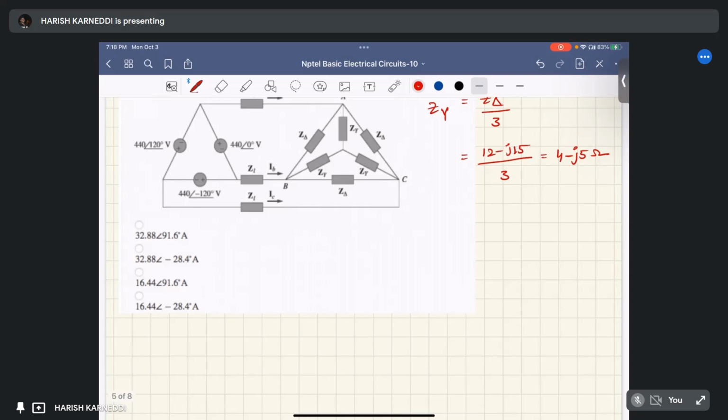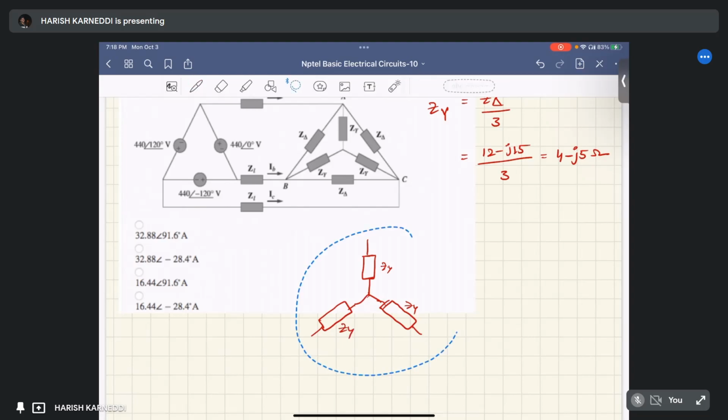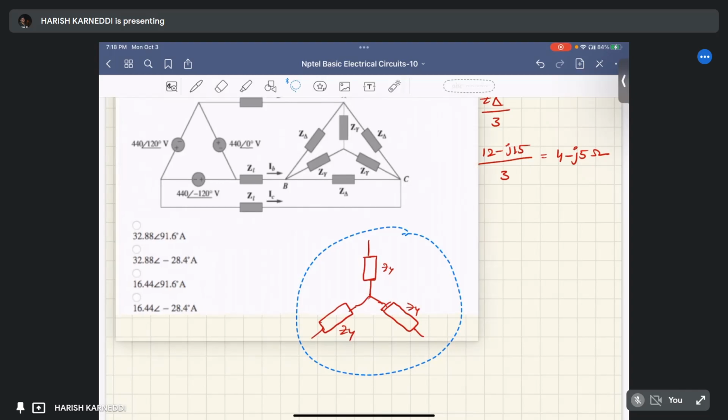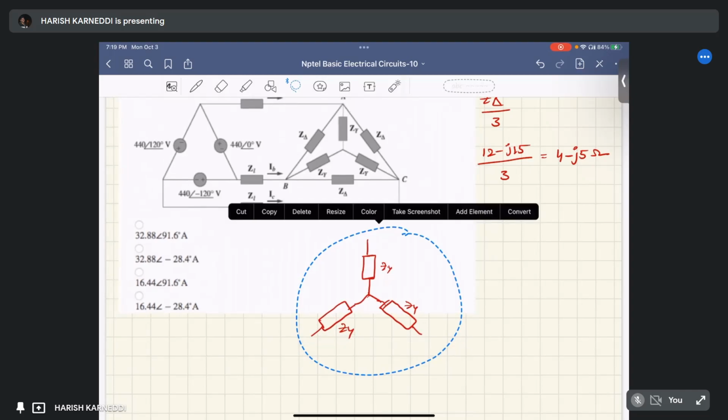Yeah, this is Z star, previous one. Yeah, just a minute.